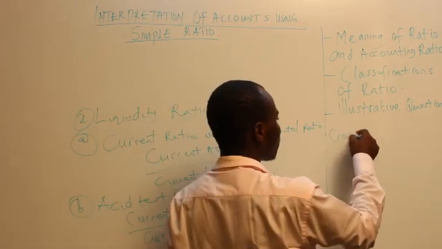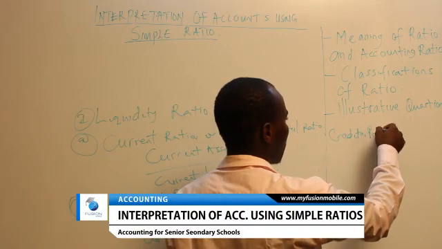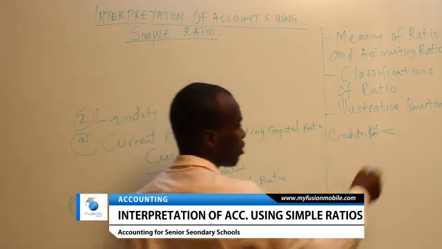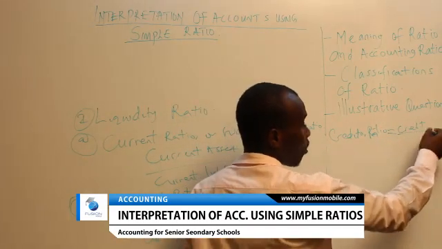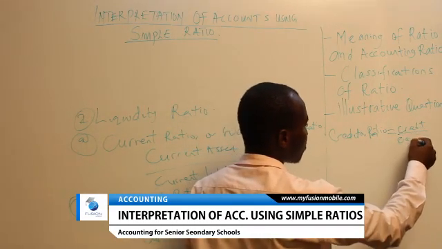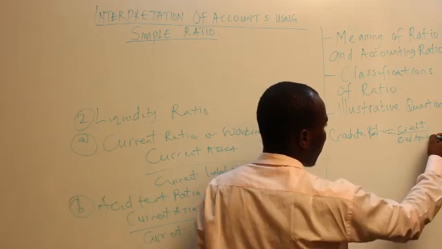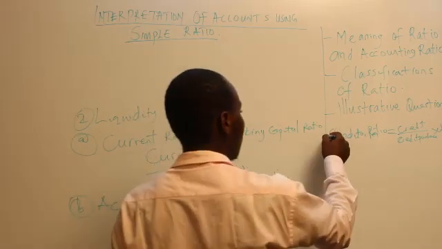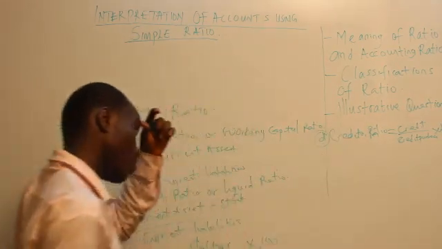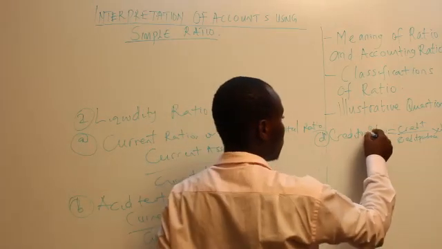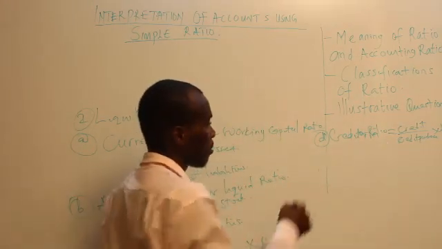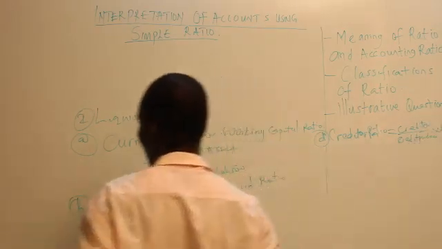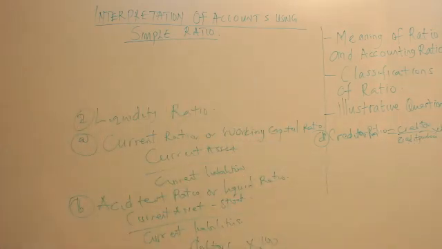Now we also have the creditors ratio, D. That will give us creditors over credit purchase, times 100 over 1.